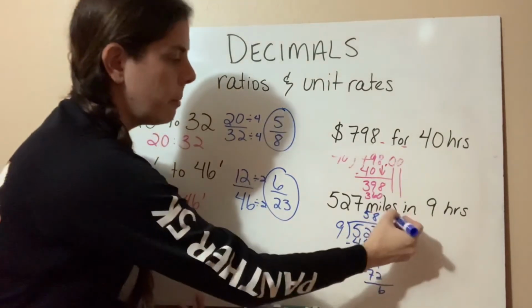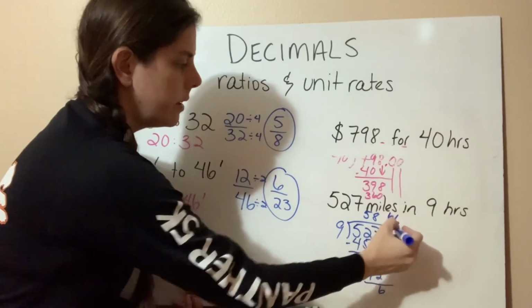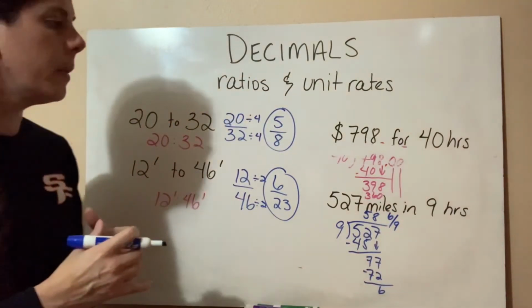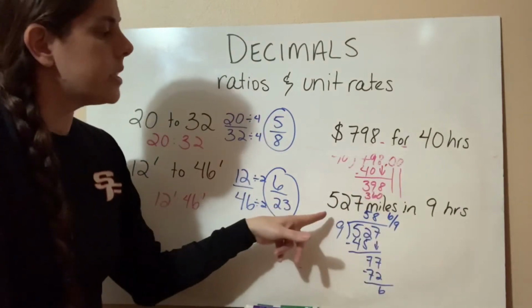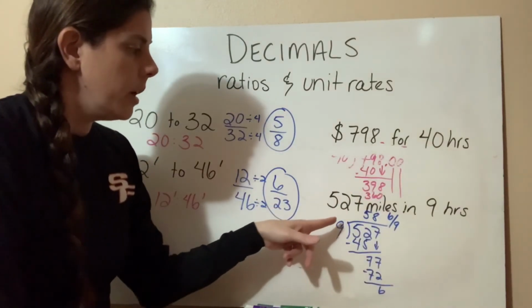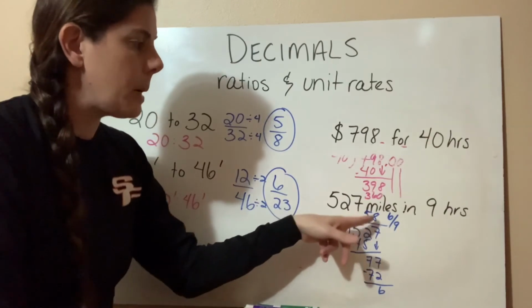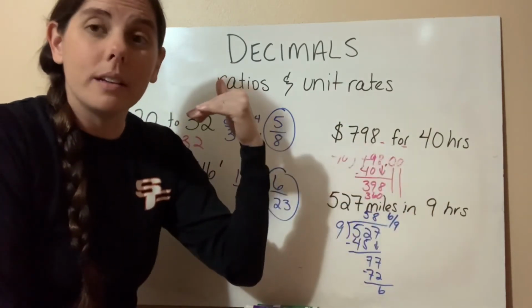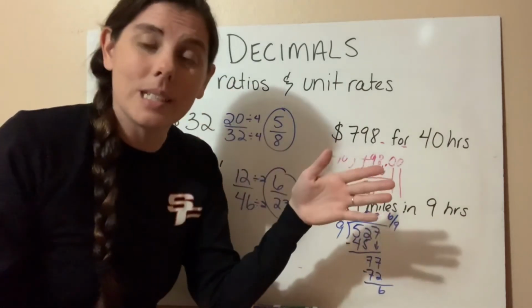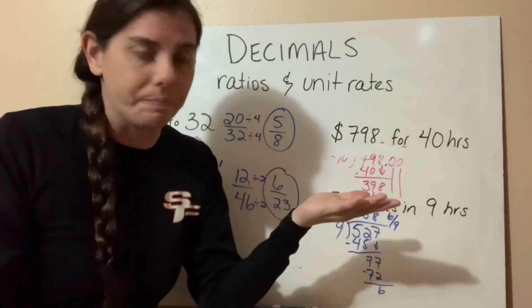And you can just put a remainder of 6 or 6/9, and that's fine with me. So we're still just doing long division. And so basically what we found out is we were going 58 miles per hour. So about 60 miles per hour. And that doesn't give us just the distance, but it calculates our speed too.